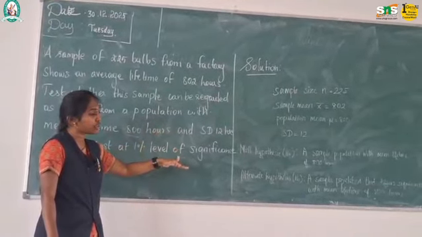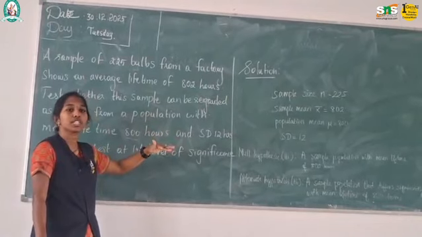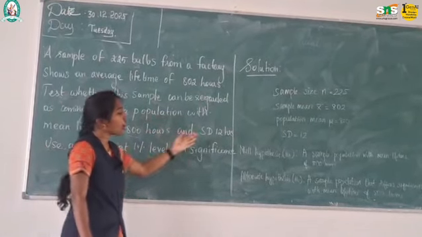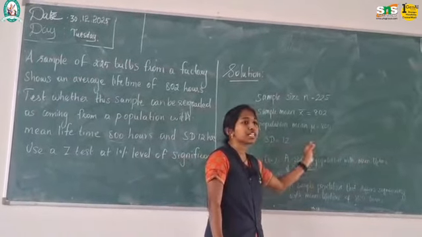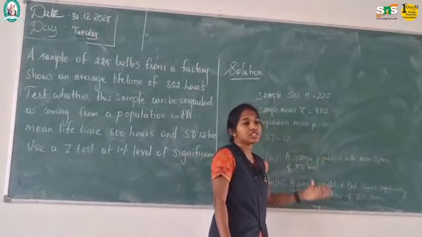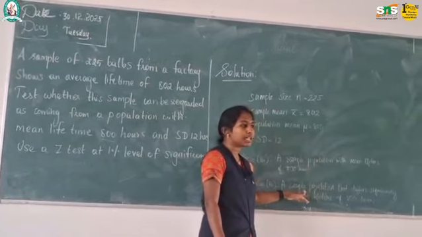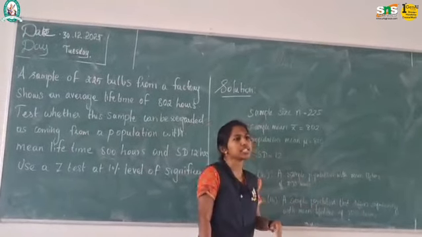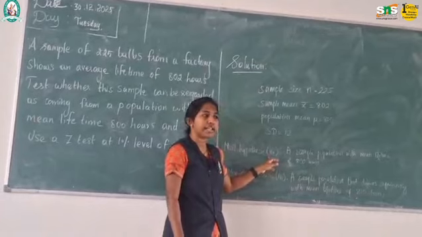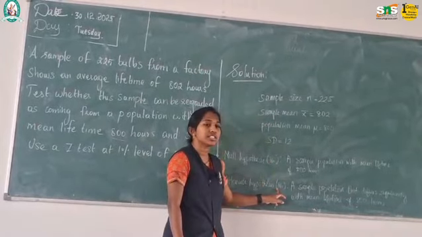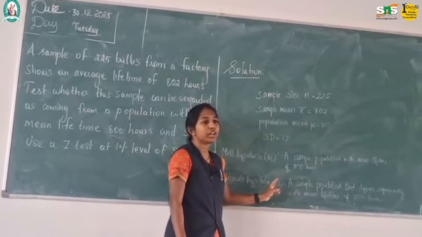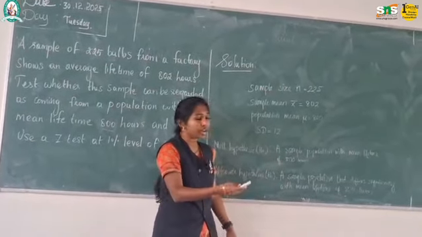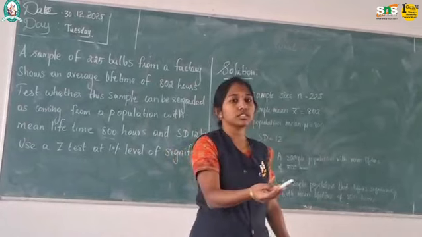For the alternative hypothesis, we take just the opposite case of the null hypothesis, that is, the population mean which differs significantly from the 800 hours. The null hypothesis is denoted H0 and the alternative hypothesis is denoted H1. Next we are going to find the Z value for this problem. Can you come and explain the Z value?